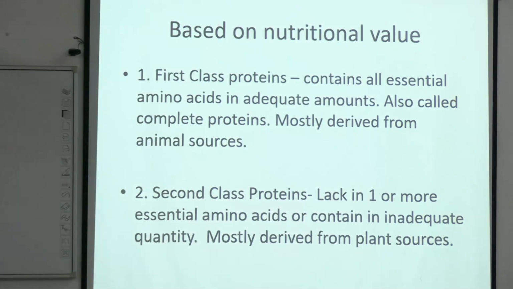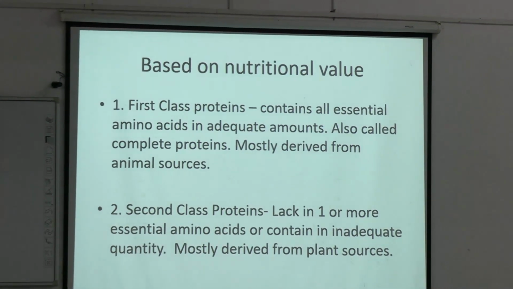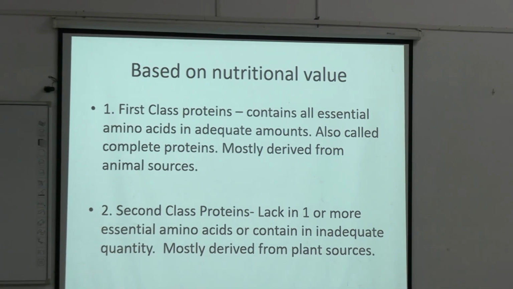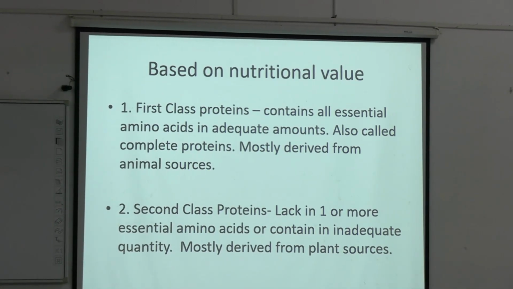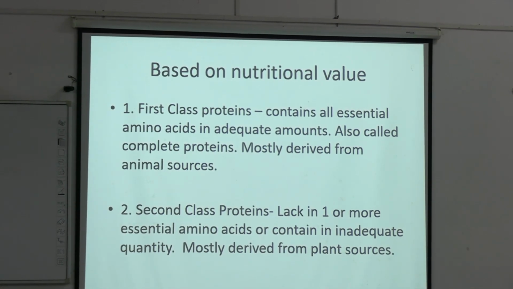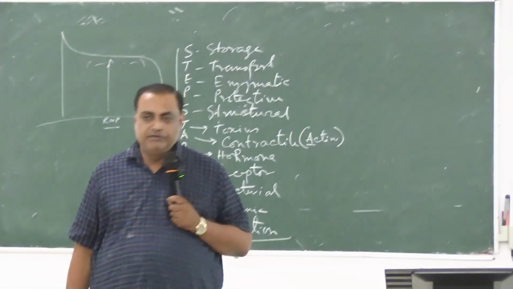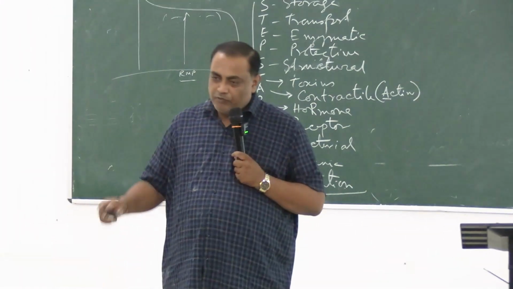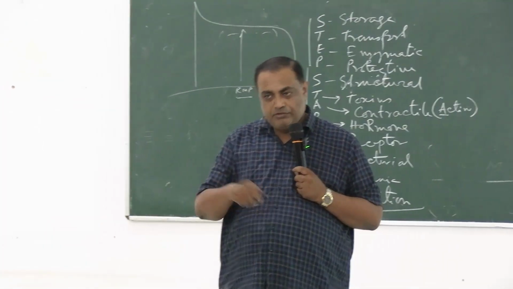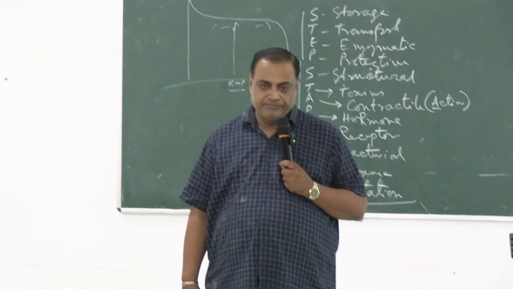First class protein which contains all essential amino acids in required amount. What are essential amino acids? Which cannot be synthesized in our body. Should be taken from the diet only. Second class proteins which lack one or more of those essential amino acids.